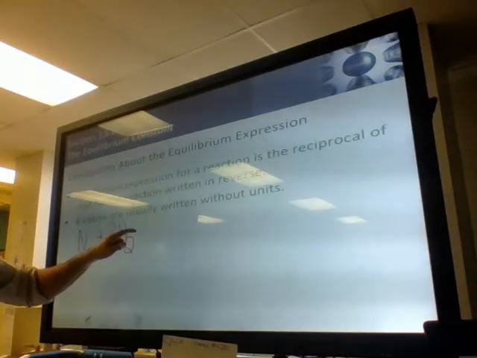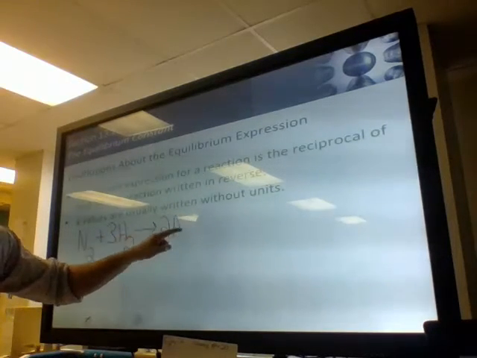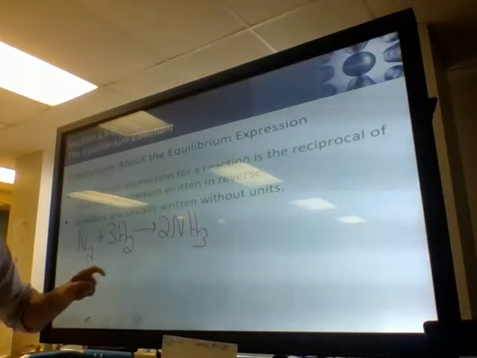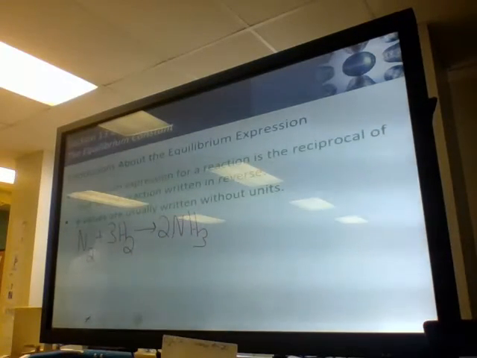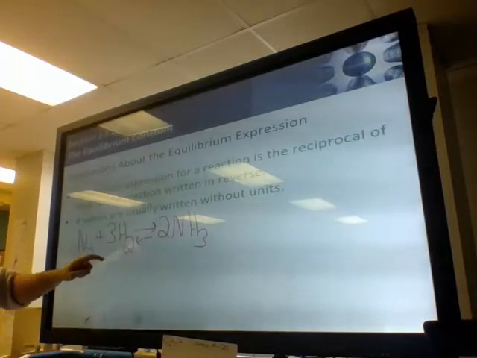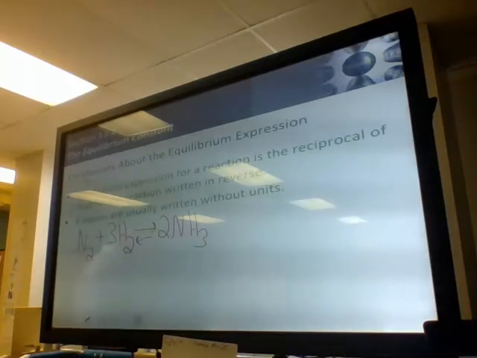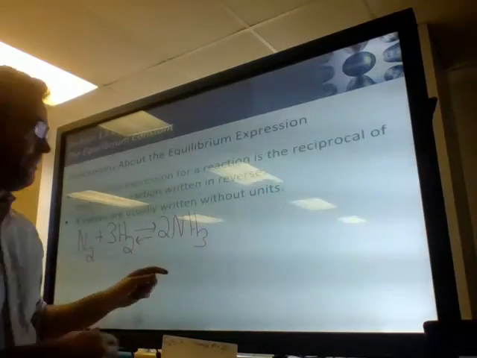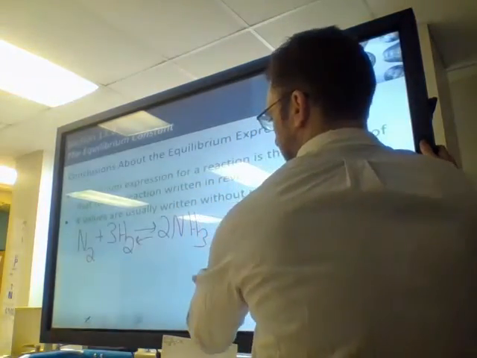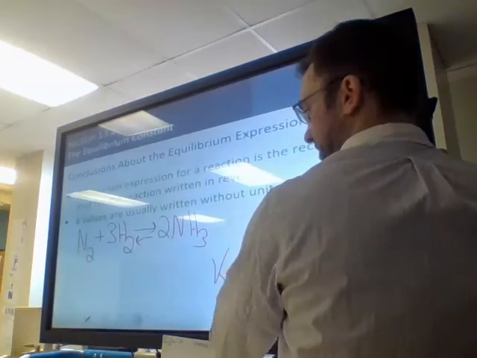So what that's saying is simply we got N2 plus 3H2 equals 2NH3. And on the AP Chem test, they say, write the equilibrium K value for the reciprocal of this. Keep in mind we always go left to right, but the reciprocal would be opposite. So what they're doing is looking for the opposite.